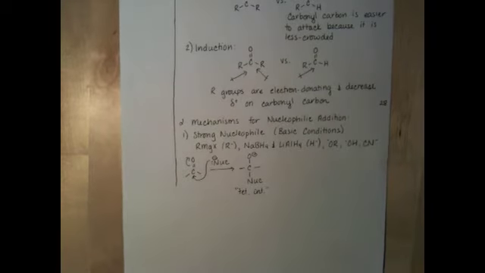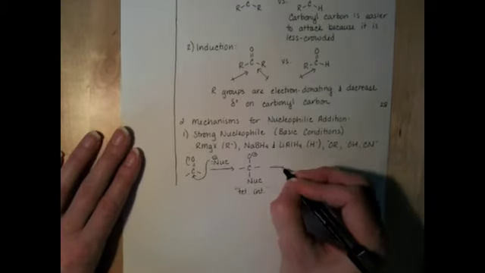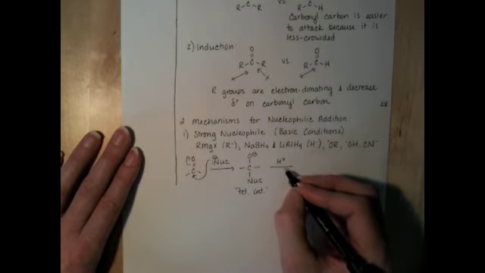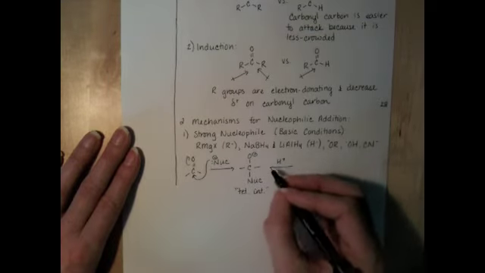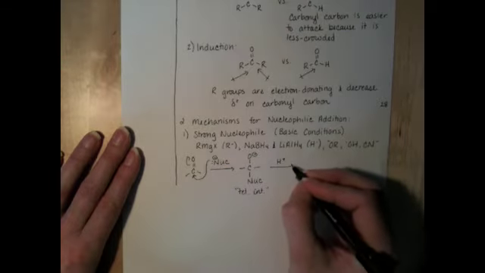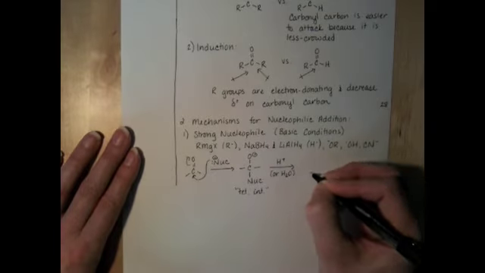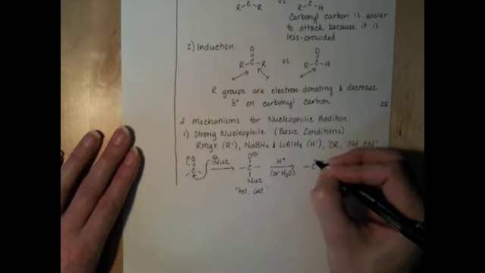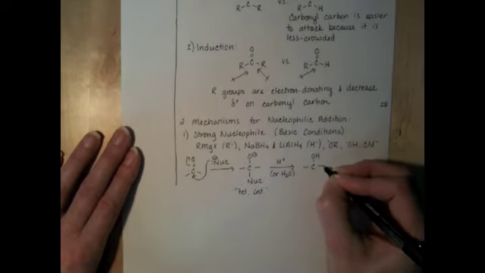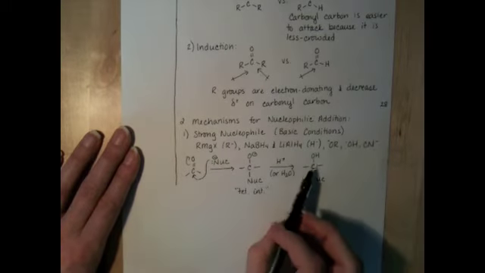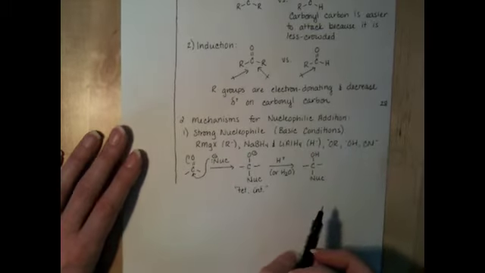Then that tetrahedral intermediate, we typically protonate with either a dilute acid, H+, or you can use H2O, that would work as well. We end up with an OH group and the nucleophile in place.